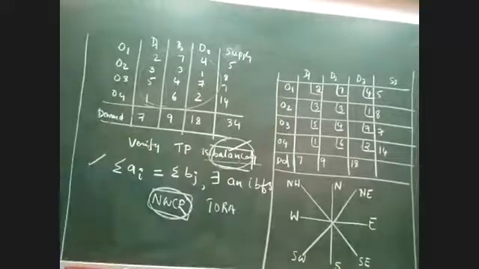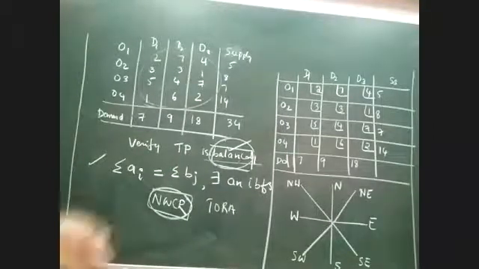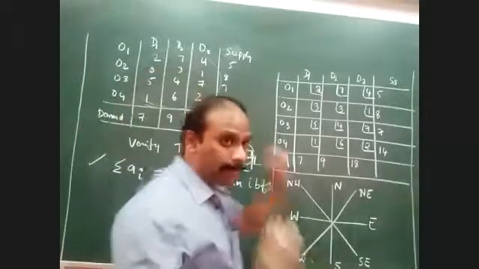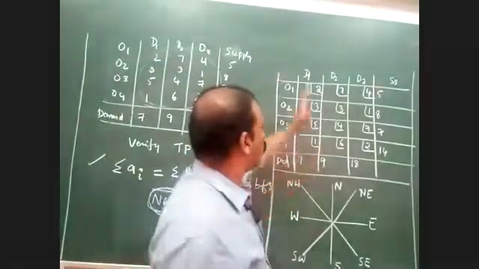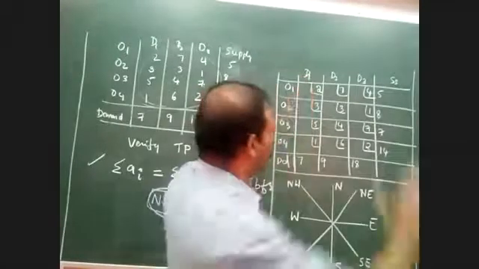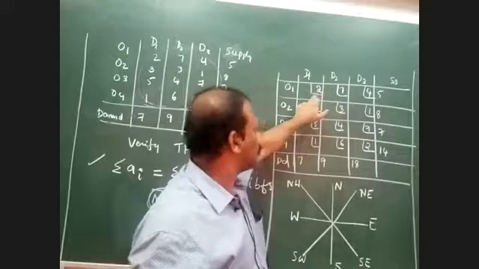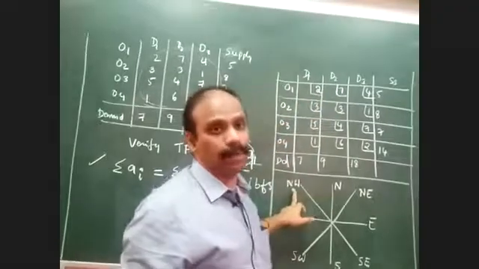Can you please look at the table and tell me the answer now? In this entire table, which element is placed in the northwest direction? 2. Very good. So in simple words, the number which is exactly located in the left top position is called the northwest value.